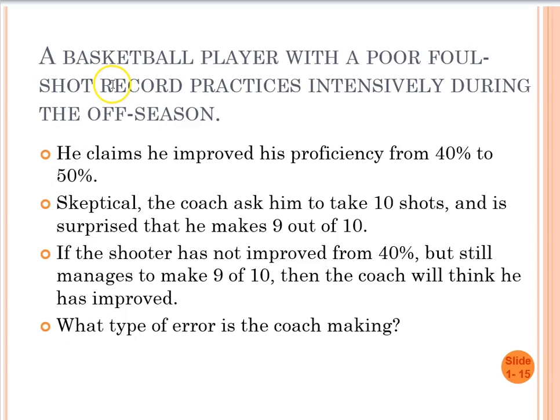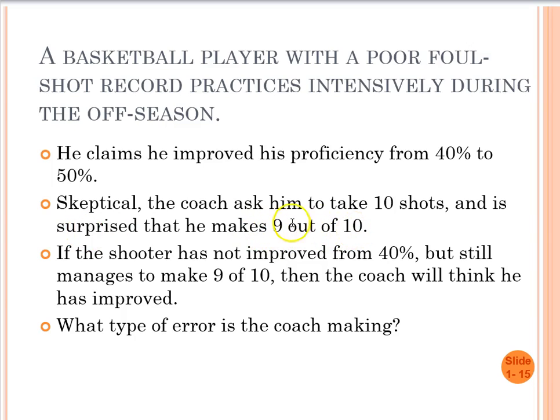So a basketball shooter has a poor foul shot percentage. It's 40%. He claims that he practiced a lot and he increased it to 50%. Now, we don't know what the true proportion actually is, so the coach, who's skeptical, asks him to take 10 shots, and the guy makes 9 out of 10.